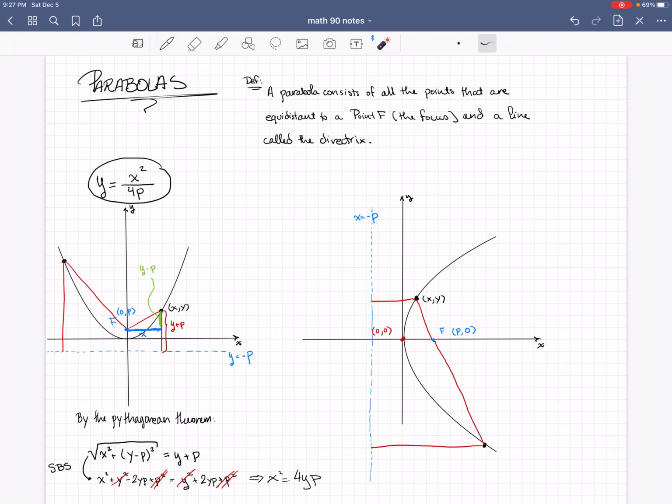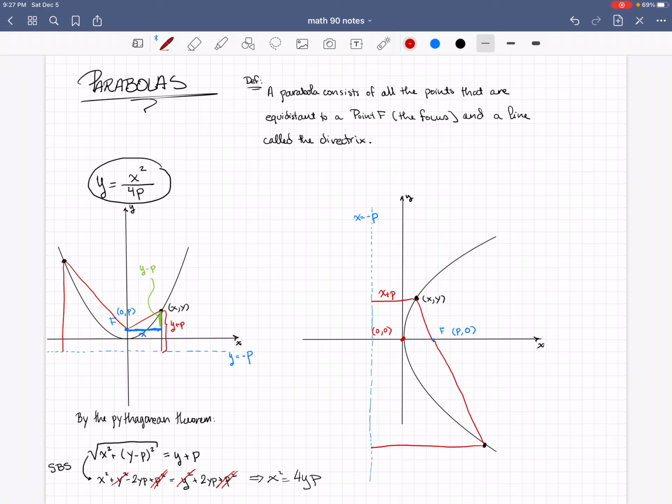Since the directrix is vertical, all I need to look at to get the distance from the point to the directrix is just, well, what's the horizontal distance I'm traveling? Since the x-coordinate of this point is x, this is x, and since the equation of the directrix is x equals -p, that second segment is p, so the distance from the point to the directrix is x plus p.